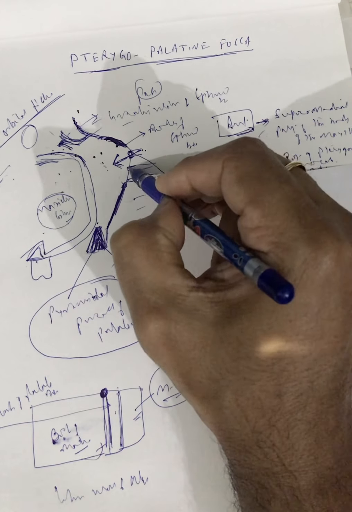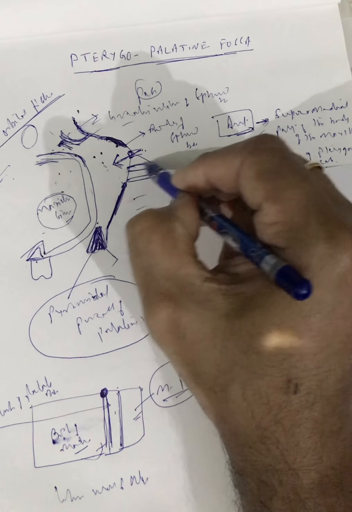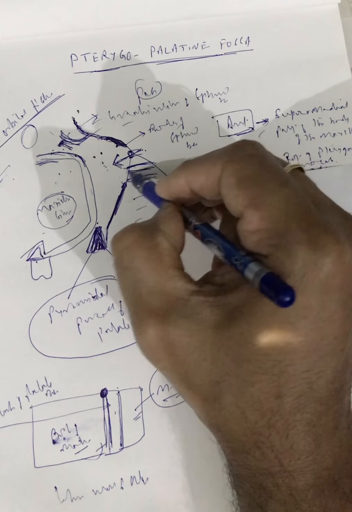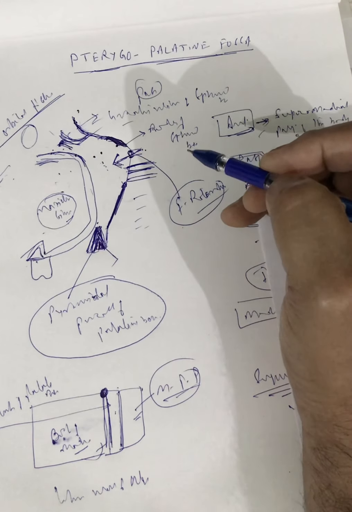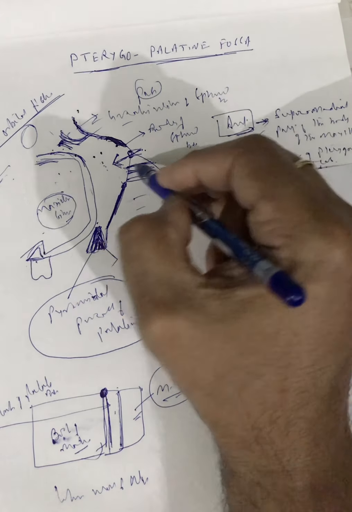Next, in the body of the sphenoid, you will find a canal.